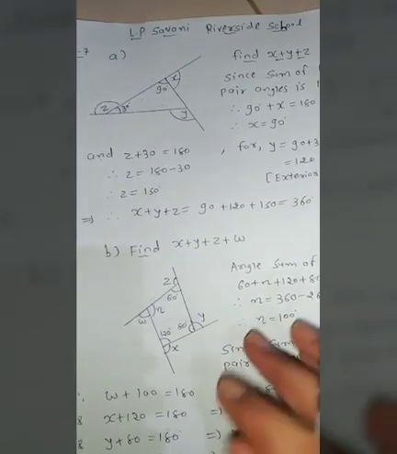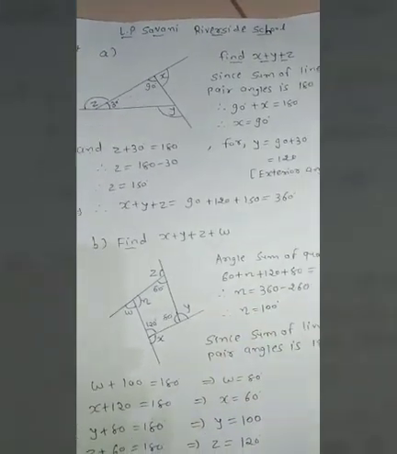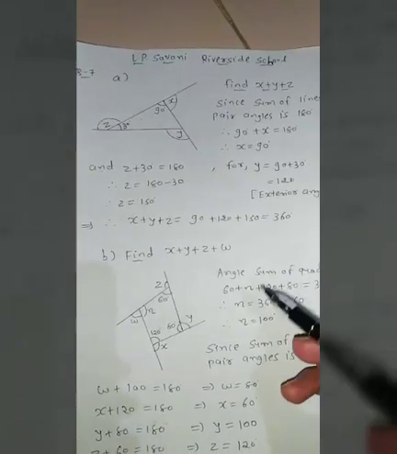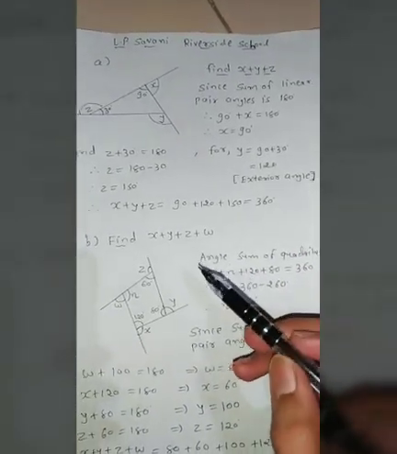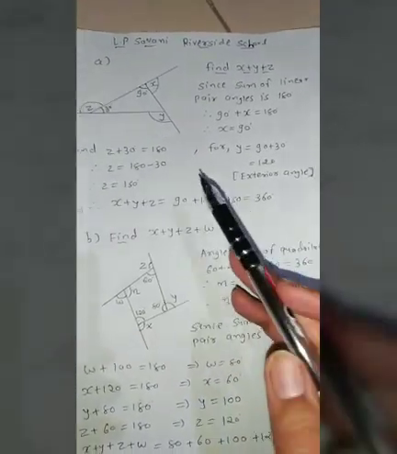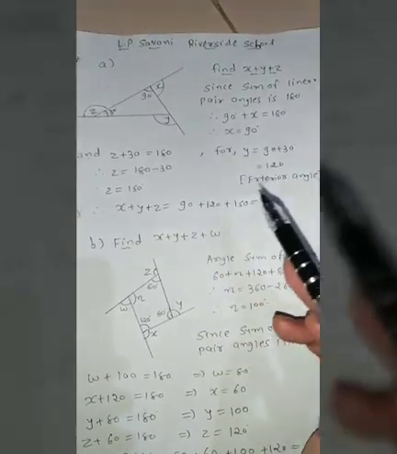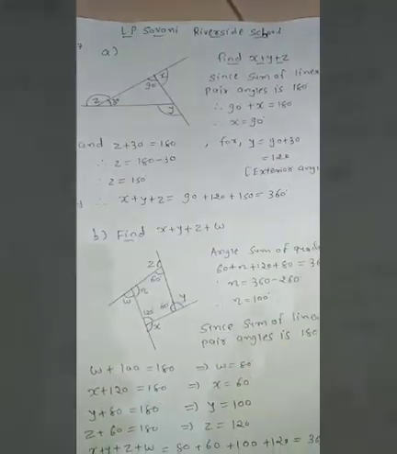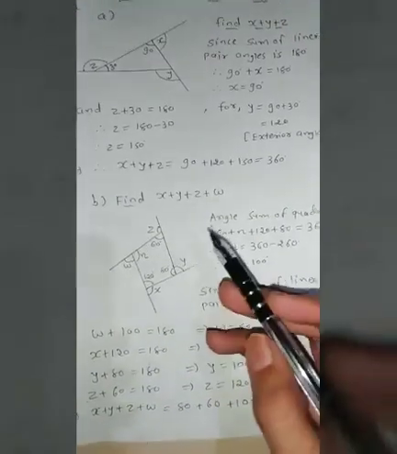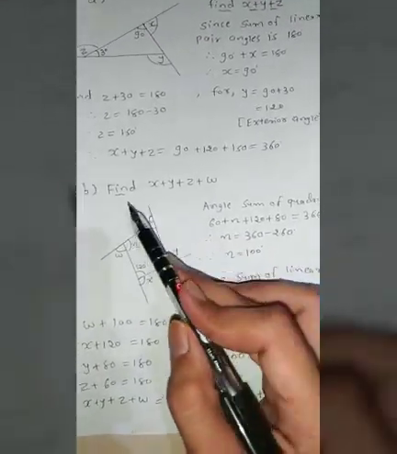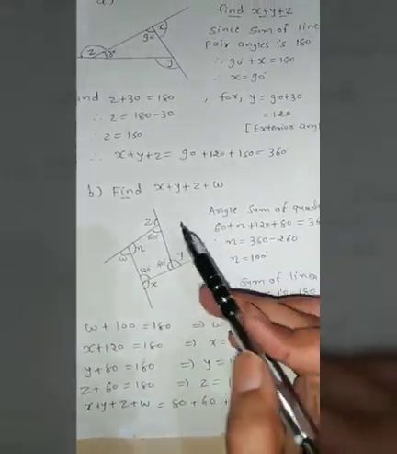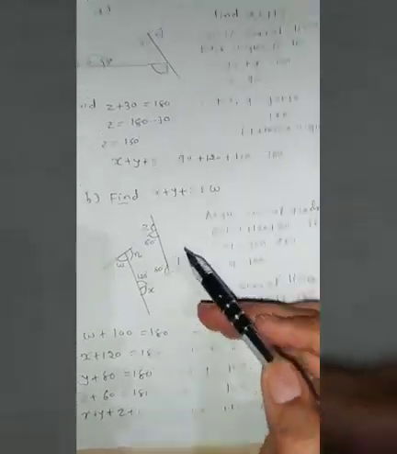Let's take another example. This example is very easy, but only if your concepts are clear about the geometry of triangles, rectangles or polygons, pentagons, etc. Let's use this property in the next example.